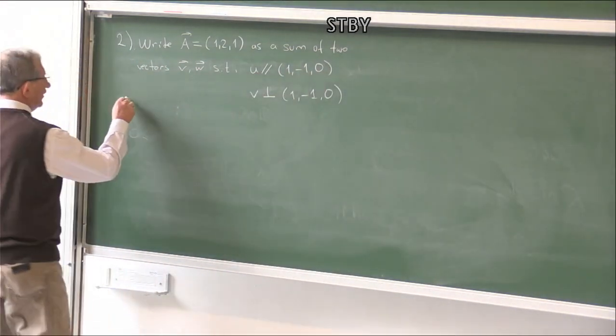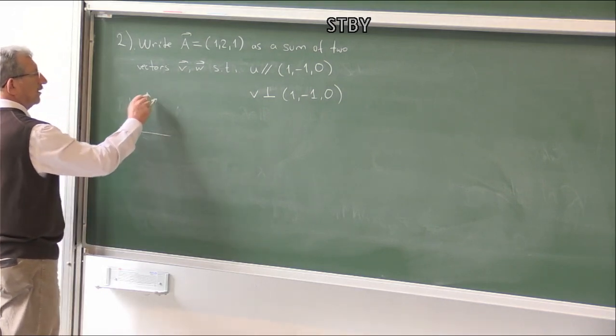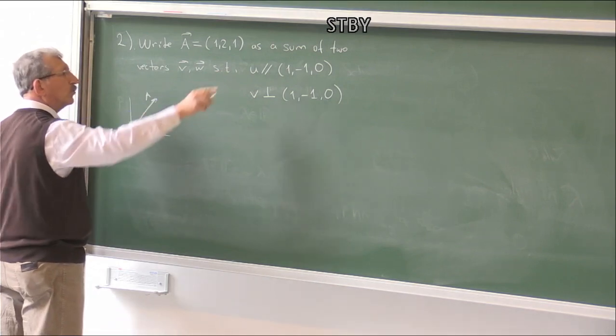Namely, the geometry is the following. Okay, we have A, and we have the vector 1, minus 1, 0.